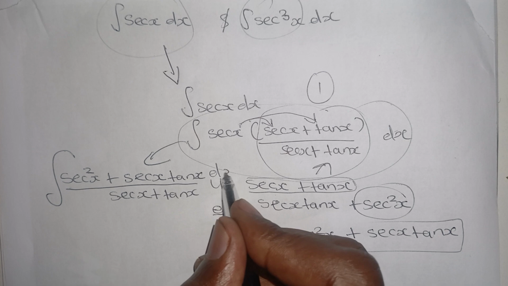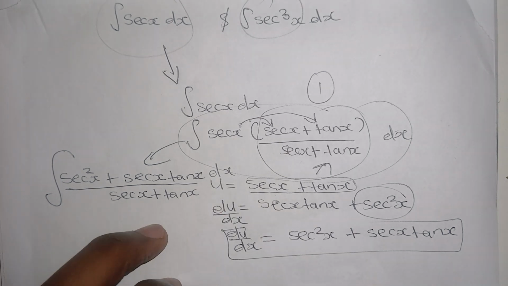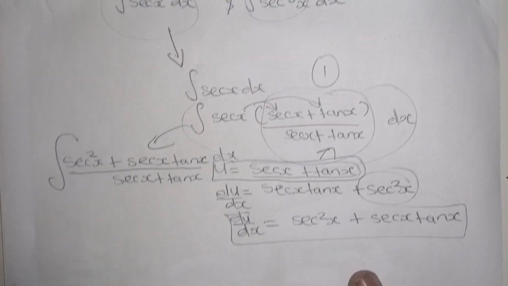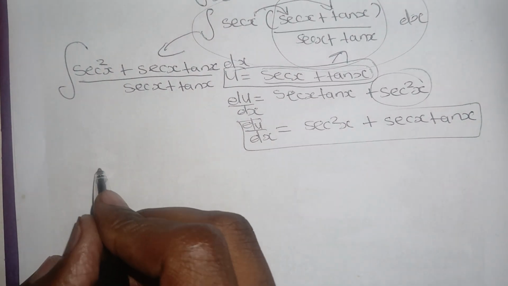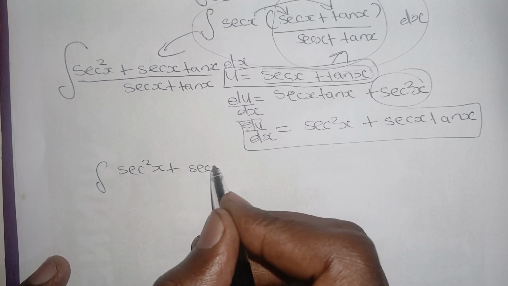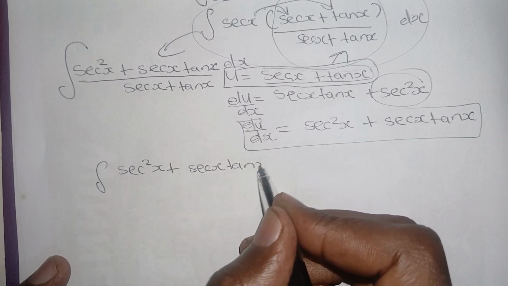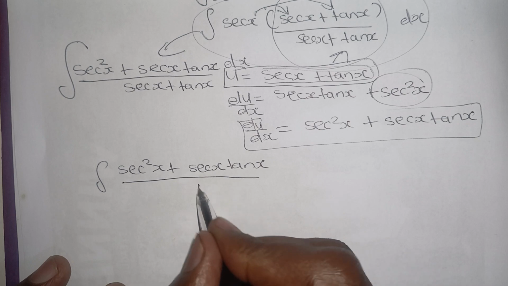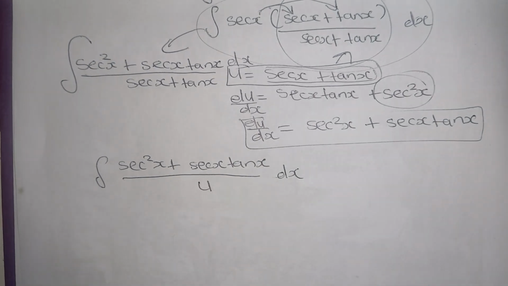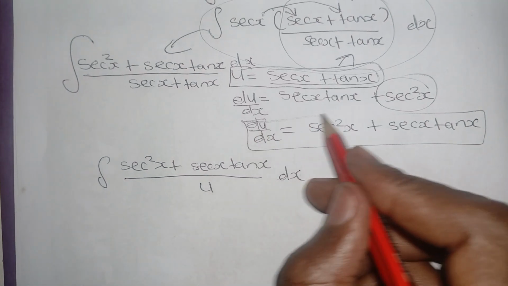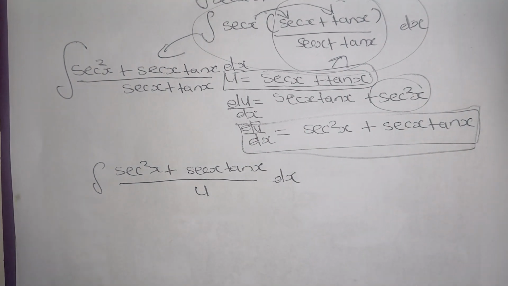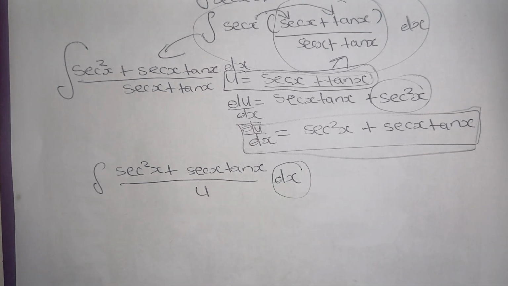So it is still in the integral. And then don't forget that we said u is equal to sec x plus tan x. So we can just say sec square x plus sec x tan x, right? Divide by u, then dx, right? So what we need to do now is to take this and make dx subject of the formula so that it can come and substitute this, right?